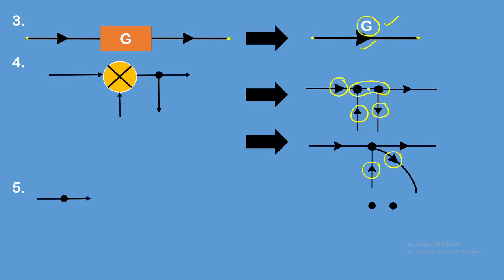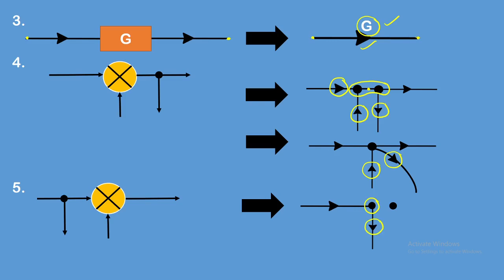Next, whenever you have a takeoff point before the summing point, I have given one example here. From the takeoff point one signal is going out, then from this there is a summing point, with a signal coming inside of the summing point.